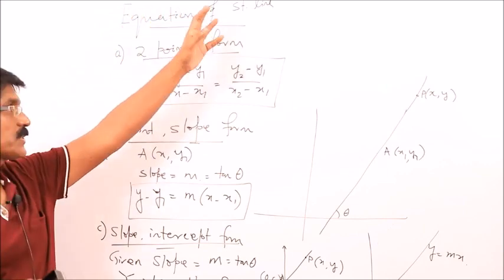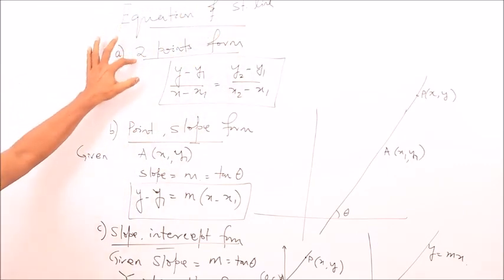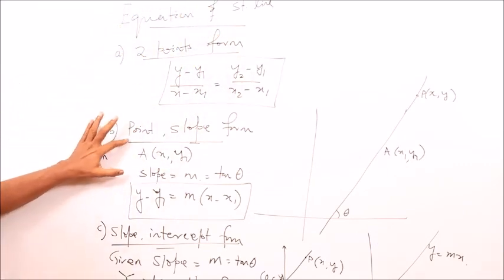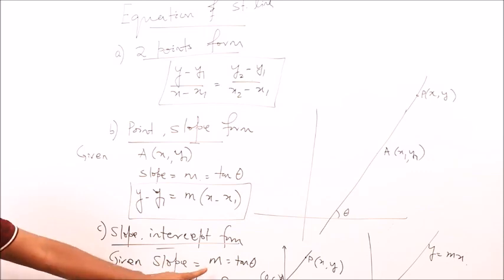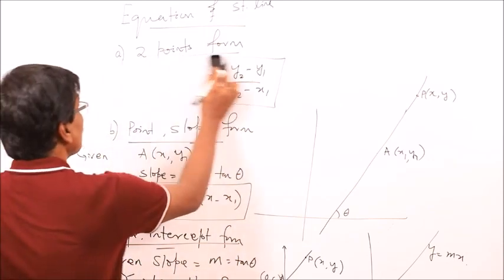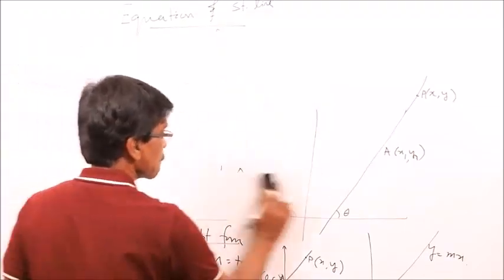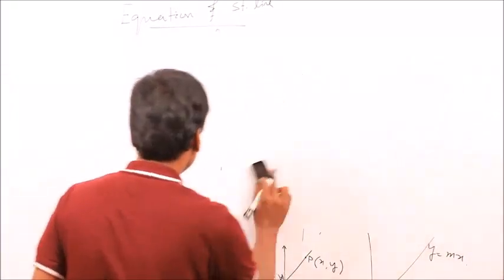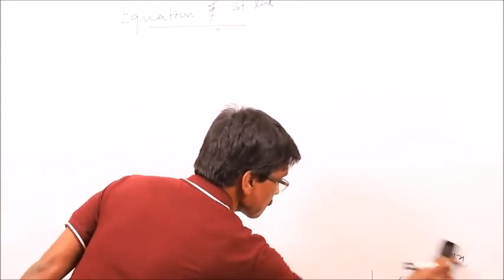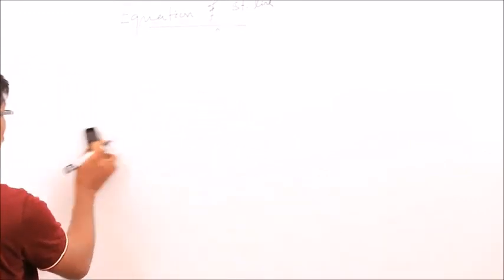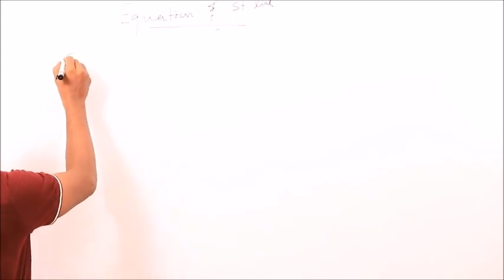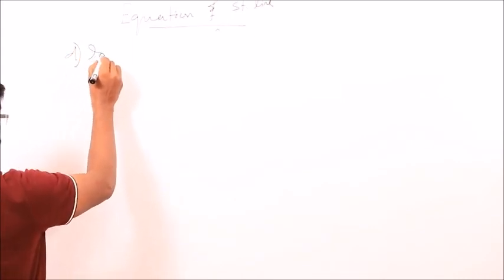So equation of straight line, one is 2 points form, second one is point slope form, third one is slope intercept form. So slope intercept, given slope is equal to m and y intercept is c. Next we have intercepts form.